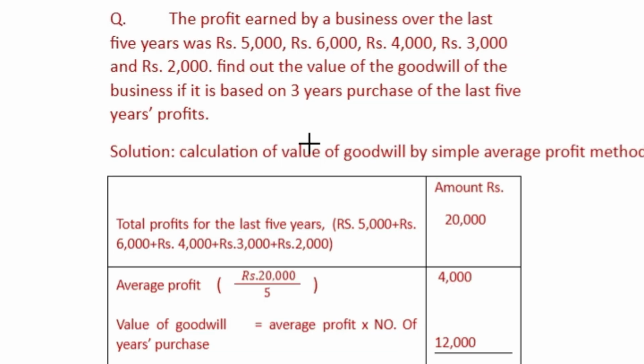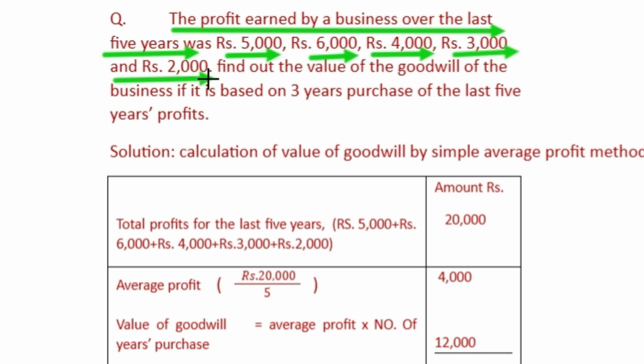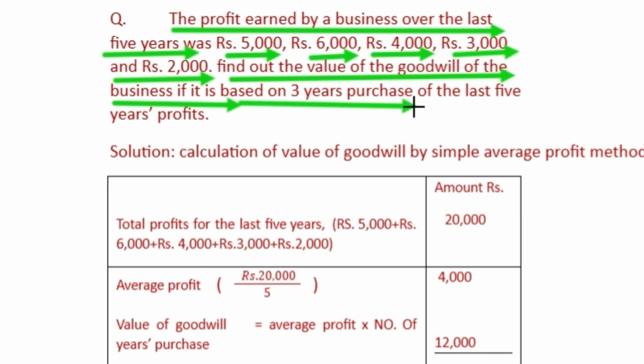Here is an illustration. The profit earned by a business over the last 5 years was rupees 5,000, 6,000, 4,000, 3,000 and 2,000. Find out the value of the goodwill of the business if it is based on 3 years' purchase of the last 5 years' profit.